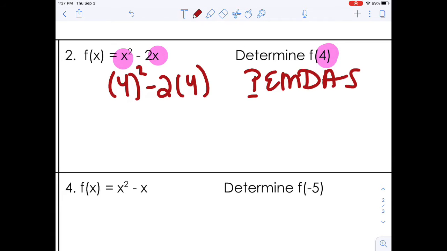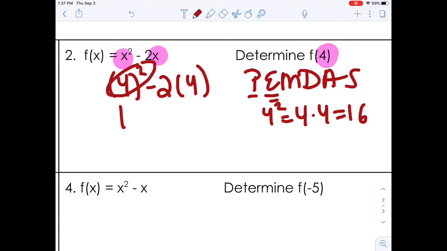In the parentheses, we just have the value of 4. We can't do anything with just a number, so we move on to exponents. So we have to take care of our exponents first. 4 squared means 4 times itself, which is 16. Now we can multiply. The 2 times the 4 is 8, and subtract those together. 16 minus 8 is 8. And that is our answer.